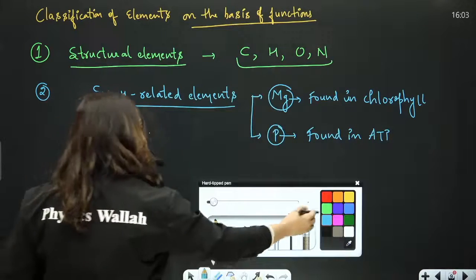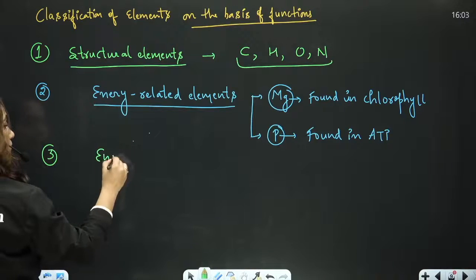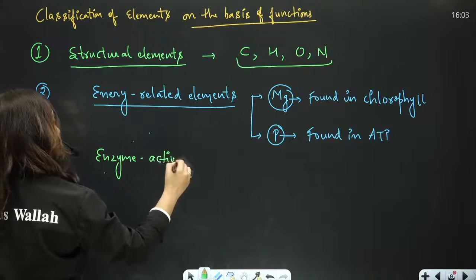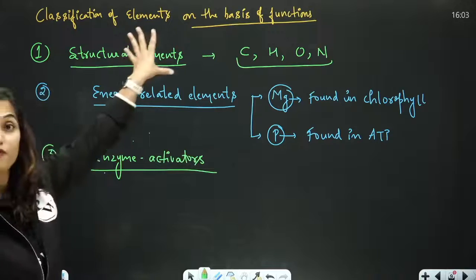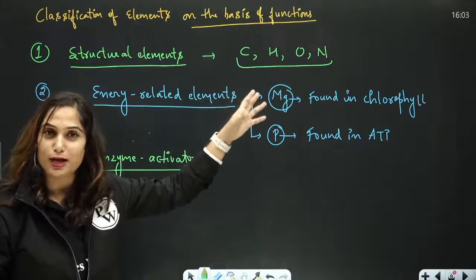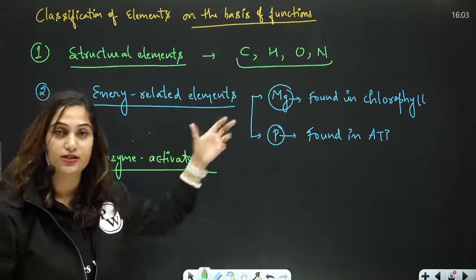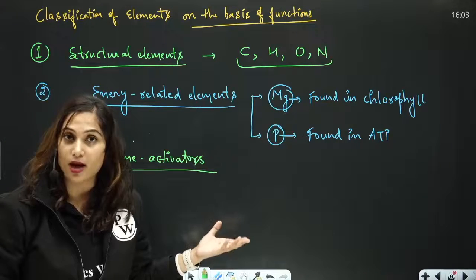Then the third category is the enzyme activators. Learn them along with me here. So on the basis of functions, some of the elements are called structural elements: carbon, hydrogen, oxygen, nitrogen. Some are called energy related elements, that is magnesium and phosphorus. And some are very good enzyme activators.